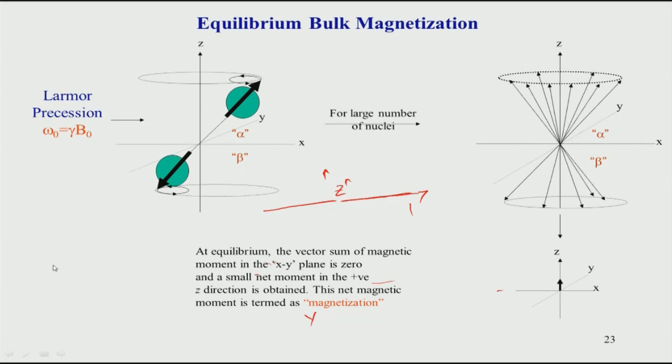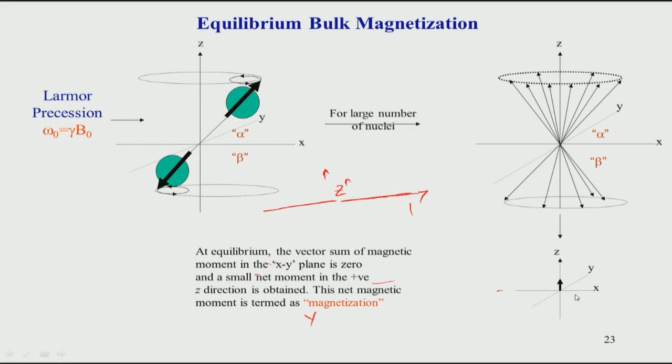What is happening now, if you see here, generally, is that the positive z values will actually cancel with the negative z values, and that will result in a net vector which is now pointing in this z axis. So, this is our final magnetization.